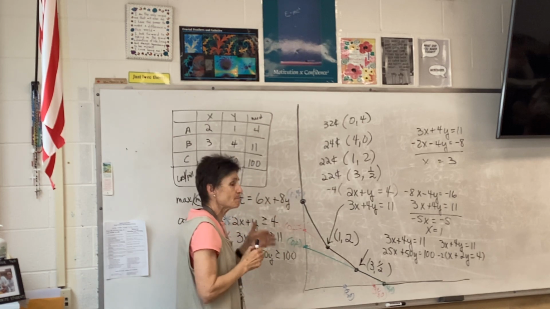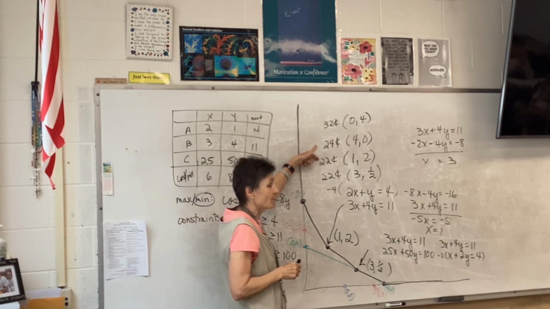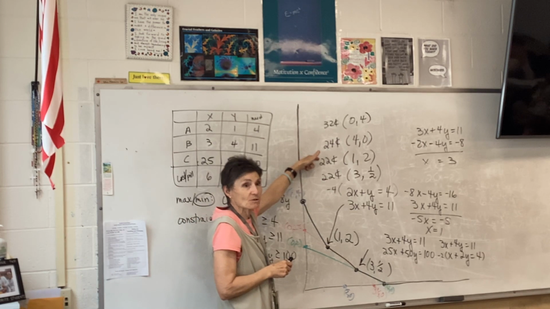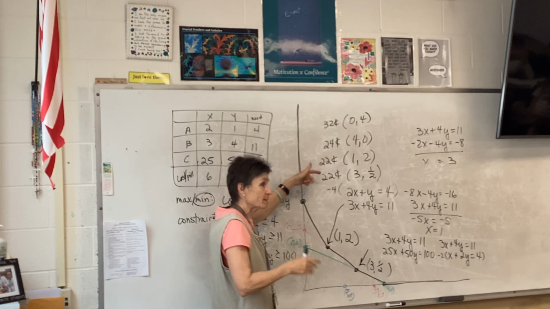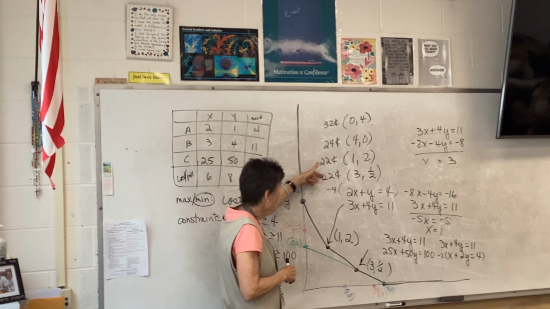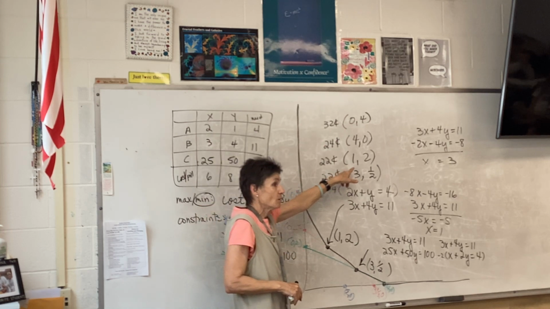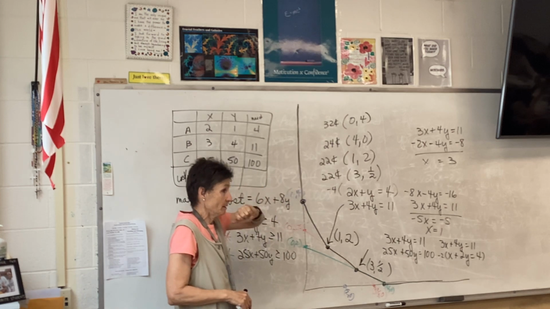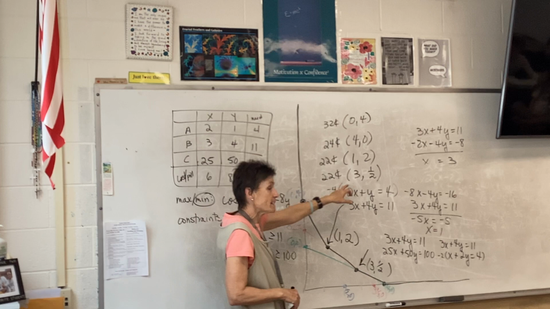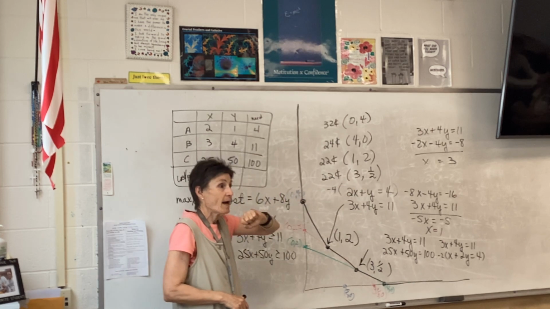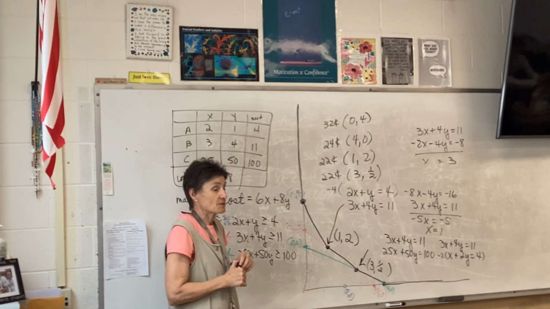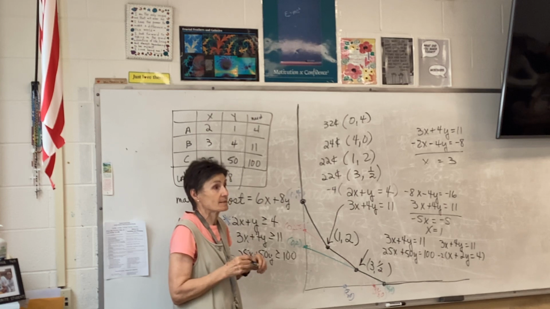Now, if this is me, I'm probably gonna go with this so that I don't have to mess around taking half a pill. But you can cut them in half, if that's what you wanted. So what are we gonna tell this guy? You're gonna need 1 A pill and 2 B pills, or 3 A's and a half a B, and it's gonna cost you 22 cents a day.